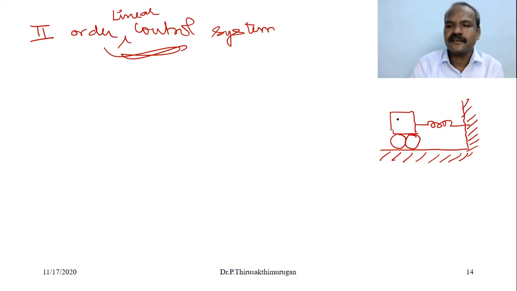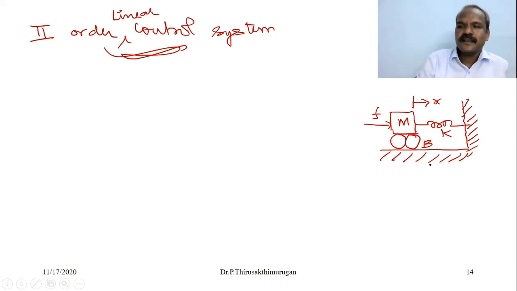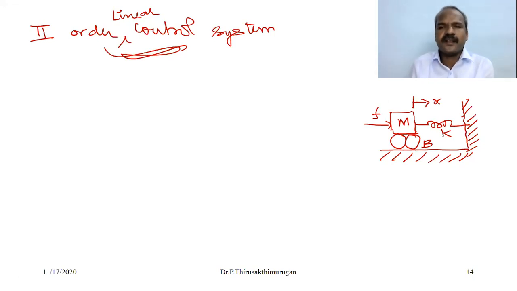We already discussed this. The input is force F, with M, K, B. So let us consider the simple second order dynamic model. This is a mathematical model.